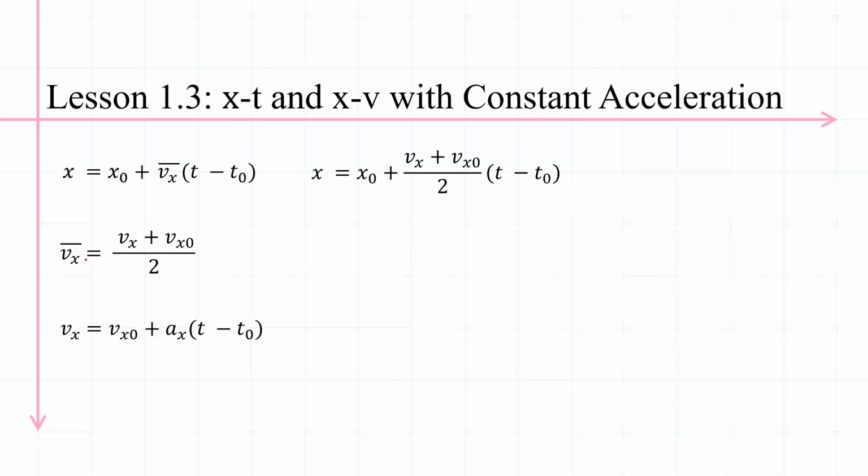I also want to get rid of Vx, but I still have Vx in this new expression I wrote. So what can I do? Well, I can replace that Vx with that final equation, which is the point-slope form of my acceleration equation. I'm just going to plug in that entire right-hand side of the equation instead of Vx. And there we go. Now I've got a really complicated equation that I can simplify a bit.